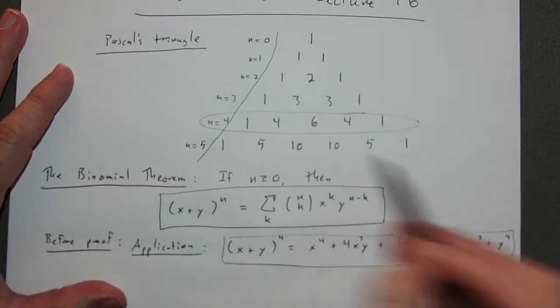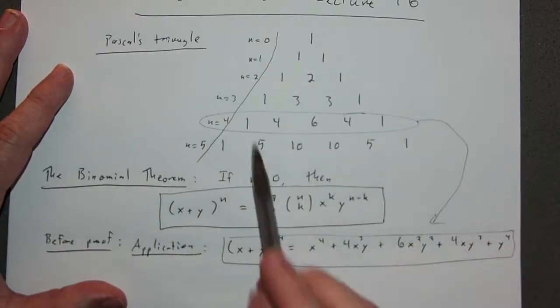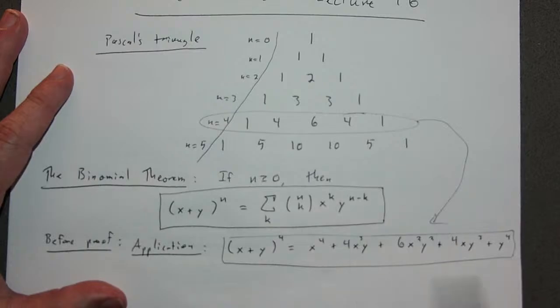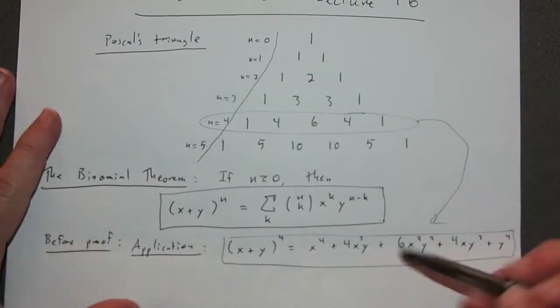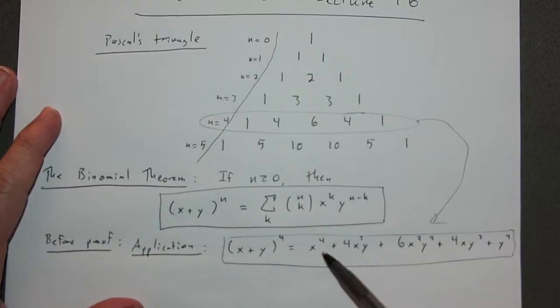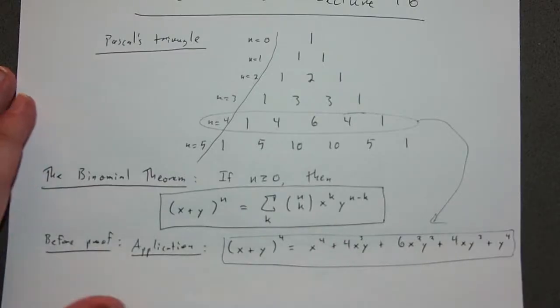And that is just by reading off these coefficients, 1, 4, 6, 4, 1, and paying attention to how the powers of x are counting down, powers of y are counting up. The degree of each term is 4. That is, the sum of powers between x and y is always 4 for each of these terms.